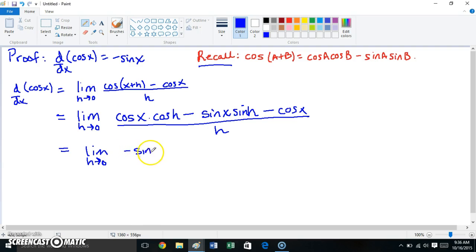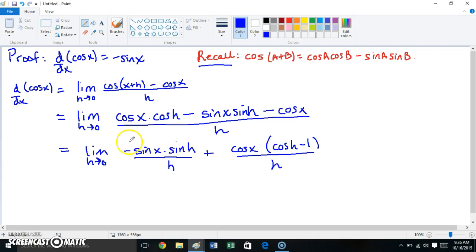I'm going to do negative sine of x times sine of h over h plus cosine of x times cosine of h minus 1 over h.